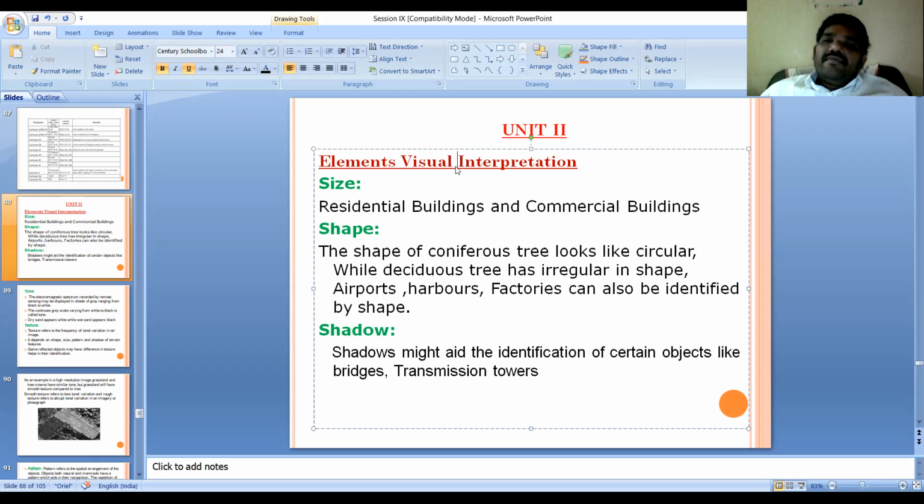The same way we used to discuss in classrooms. By visualizing the elements, what are those elements? These are the elements: size, shape, shadow, tone, texture, pattern, association, and of course site, all the elements. For what? To interpret the spatial data.